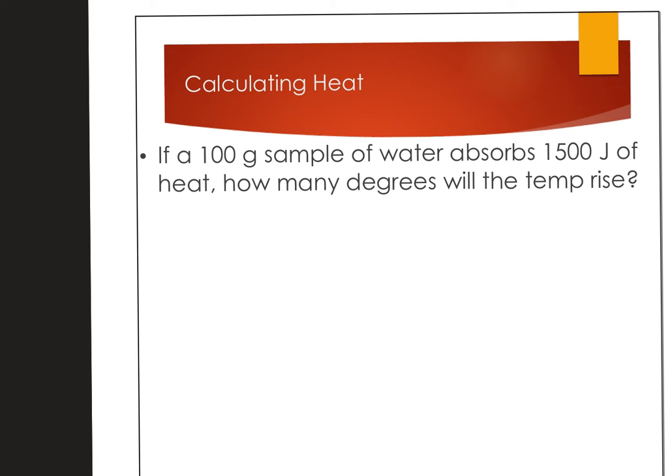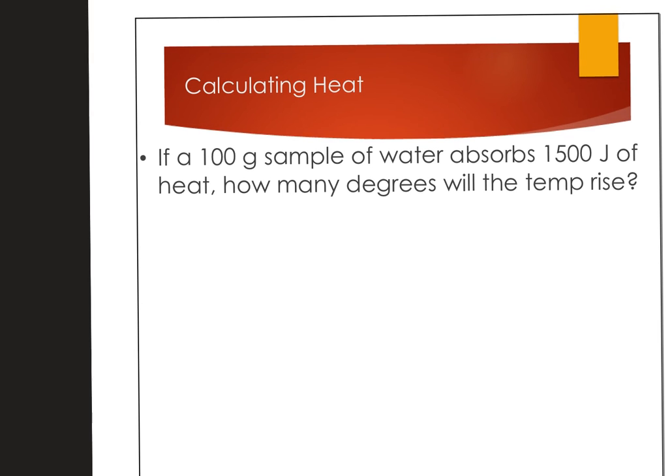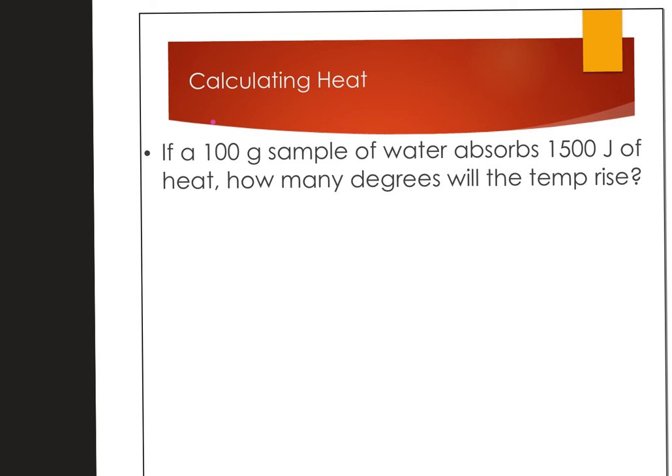Here's another example. If a 100-gram sample, so that's my M, of water absorbs 1,500 joules, as soon as I see joules, I know that that's my Q. How many degrees will the temperature rise? So I don't know my delta T. I don't know what my change in temp is.